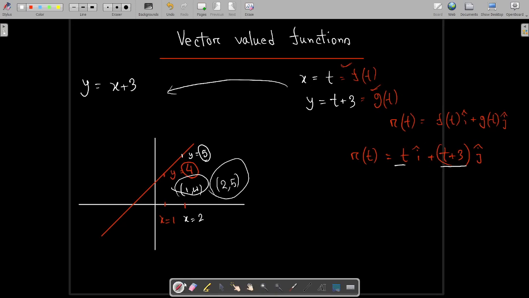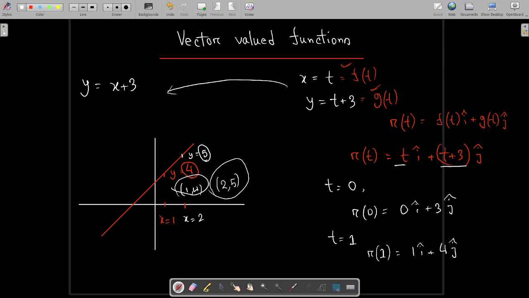Now if you put t equal to, let's say, 1, let's start with 0. If we put t equal to 0, then we will get r of 0 equal to 0i plus 3j, which is a vector, of course. Now if we put t equal to 1, then we are getting r of 1, 1i plus 4j.